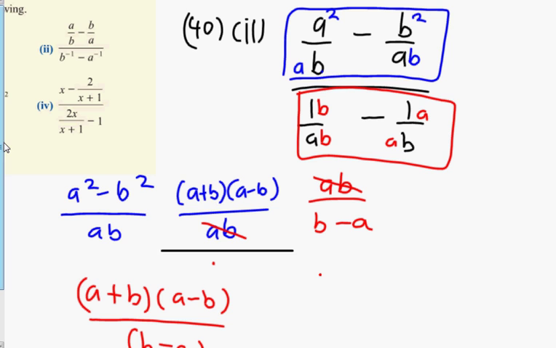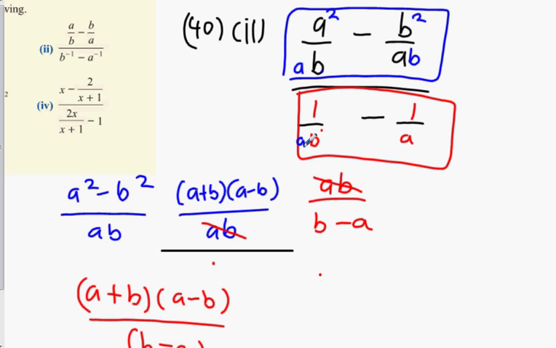Yeah. I made a mistake up here, as it turns out. I took it down wrong, which is one of the worst mistakes you can make. I had 1 over A minus 1 over B. Okay, that's where I went wrong. And what happens here is it's the same trick though.